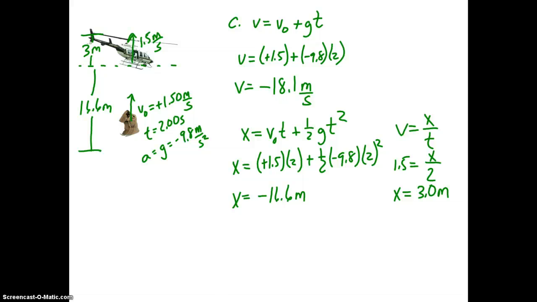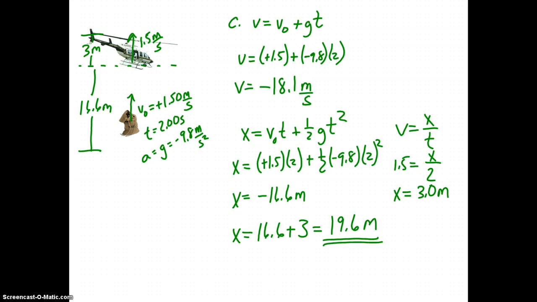So how do we find the overall distance between the helicopter and the bag? It should be obvious to us from our diagram that we're going to add those two values. So our final x answer is 16.6 plus 3, which is 19.6 meters below the helicopter.